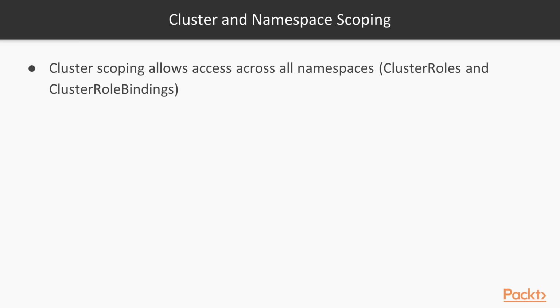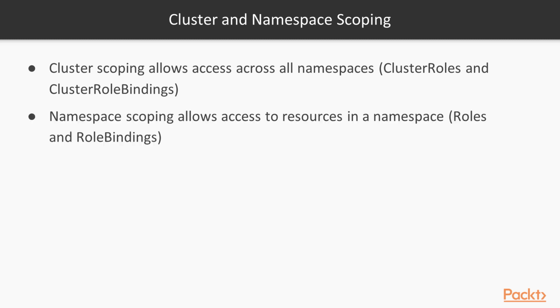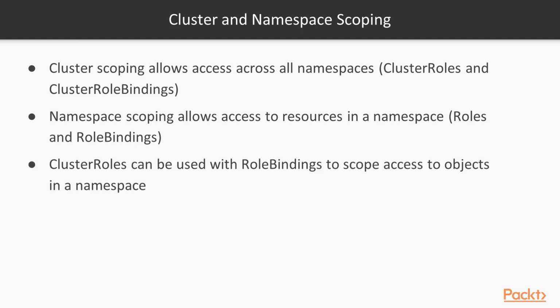Some object types that are associated with this are cluster roles and cluster role bindings. Namespace scoping allows you to access resources within a specific namespace. Typically, you will see more things like roles and role bindings that go into namespace scoping. An interesting point, cluster roles can be used with role bindings to scope access to objects in a namespace.